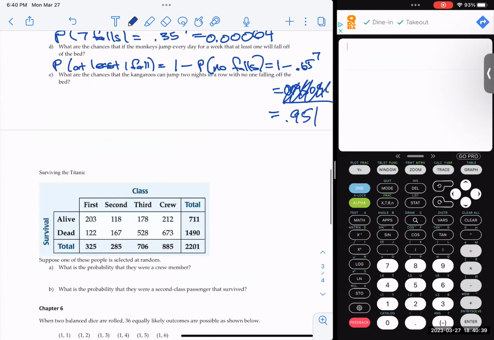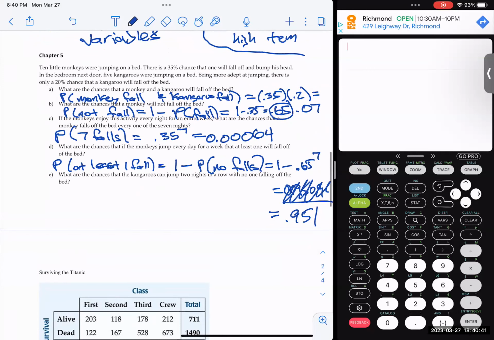Wait, we didn't? Oh, sorry. What are the chances that the kangaroo can jump 2 nights in a row with no one falling off the bed? How do we do that? Yes. Okay. So there is an 80% probability of falling. That's good. And so we would do, yeah.